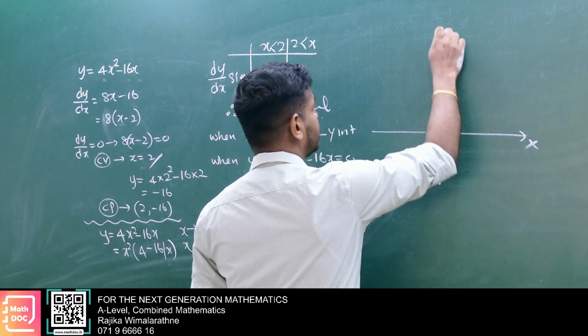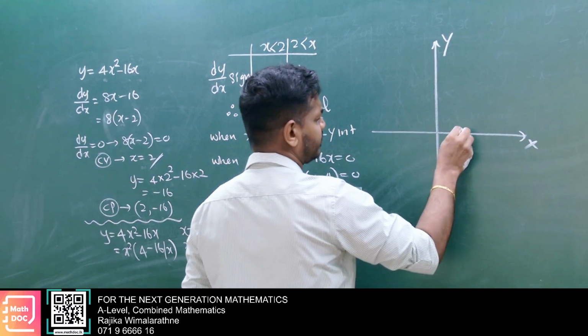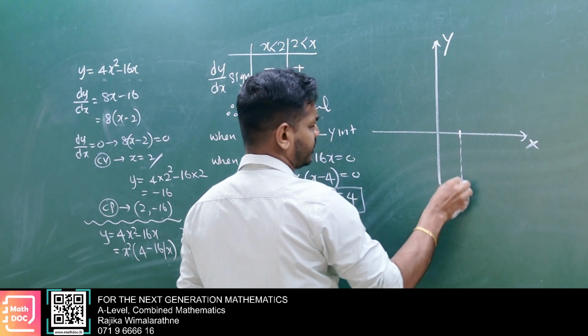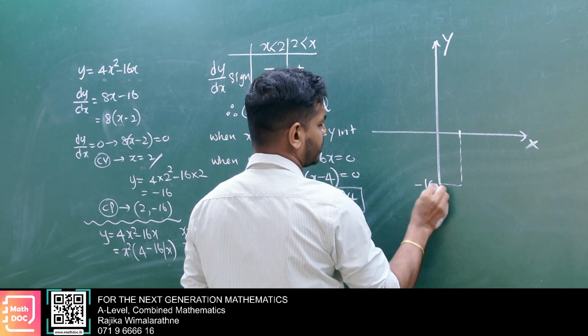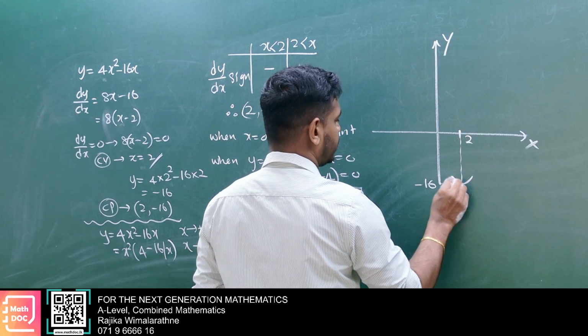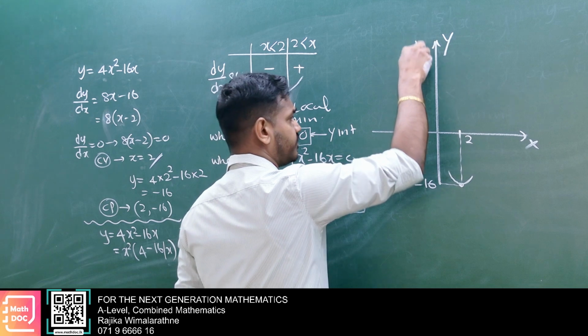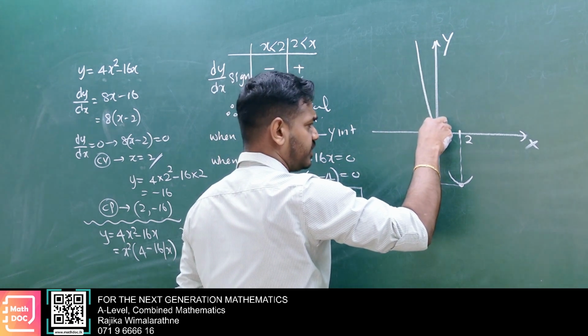Here x, y, the point 2 comma minus 16. Here that point is a local minimum. Then passing through the origin 0, 0. Now complete the graph.